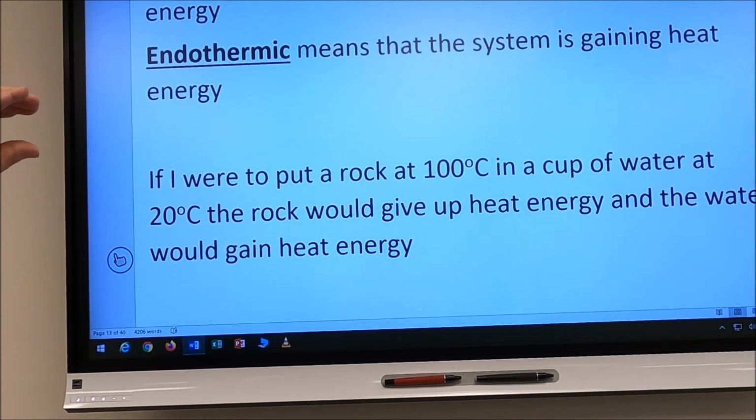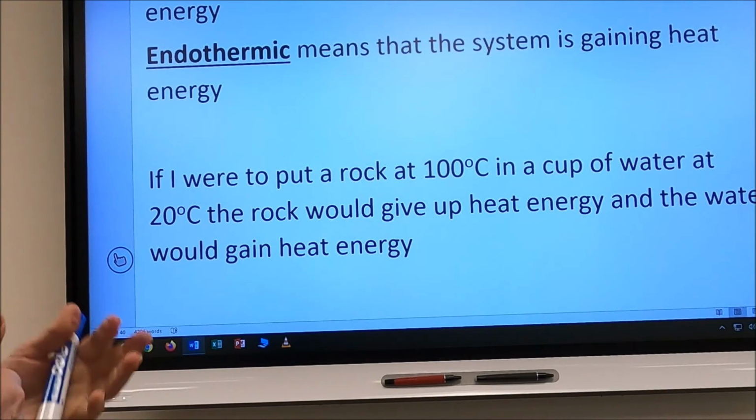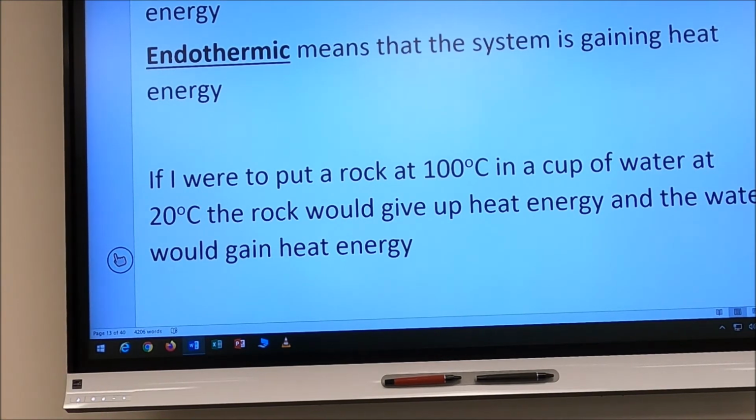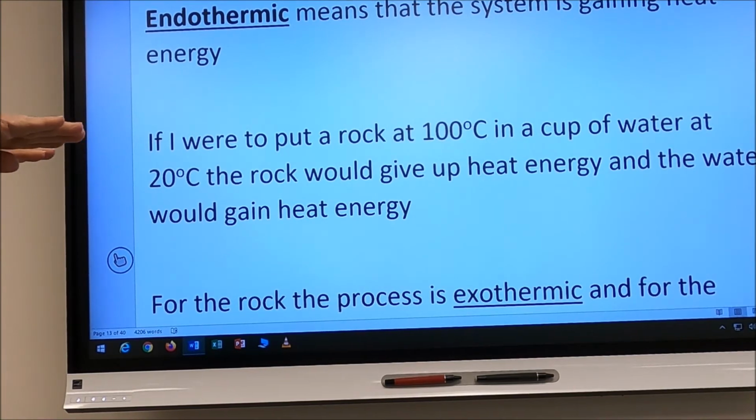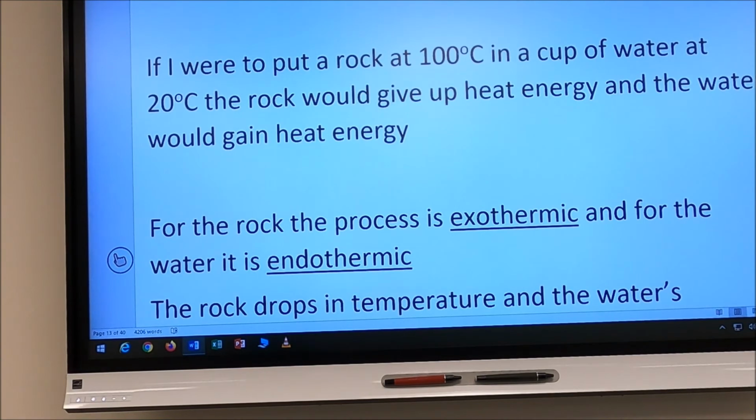So the temperature of the rock would decrease, the temperature of the water would increase. So that would tell me who was losing energy and who was gaining energy. Interestingly enough, they'll do this until the two end up at the same temperature. Okay? Which means they have the same average kinetic energy. So for the rock, it's exothermic. For the water, it's endothermic.